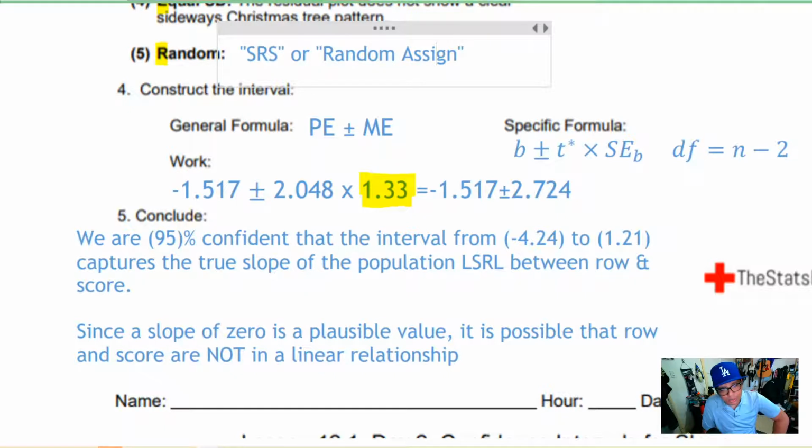That's what that 0 slope means. So in other words, with this confidence interval, we cannot say that there is convincing statistical evidence that the row and the test score are linearly related. Okay, slope of 0 is a bad thing.